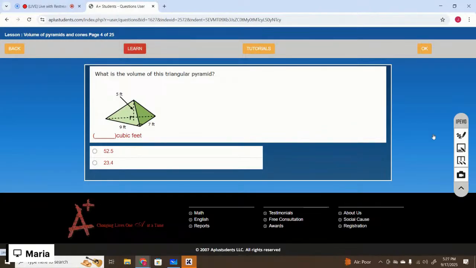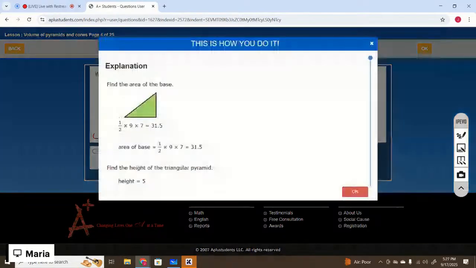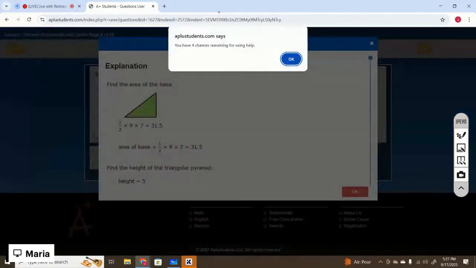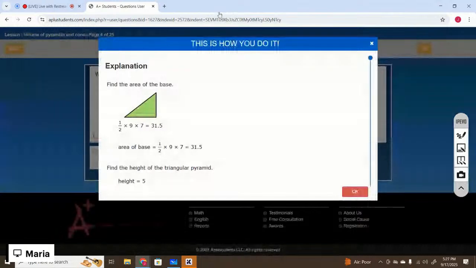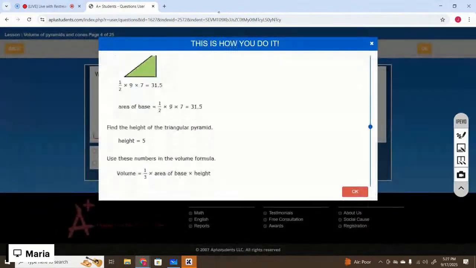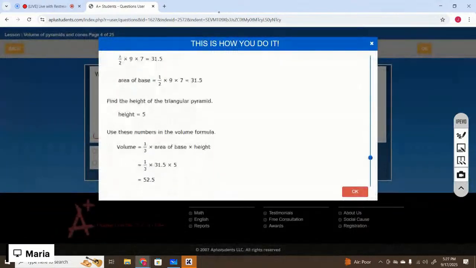What is the volume of triangular pyramid? We need to calculate the area of base first. Then we have to calculate V equals 1 by 3 times area of base times height.